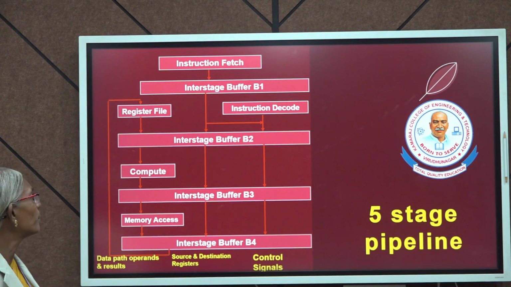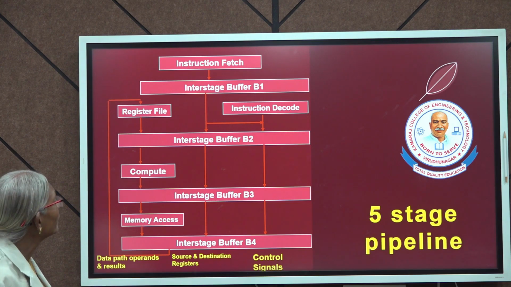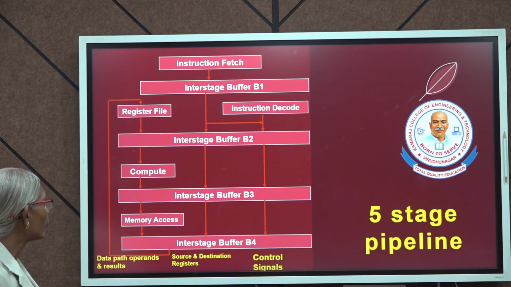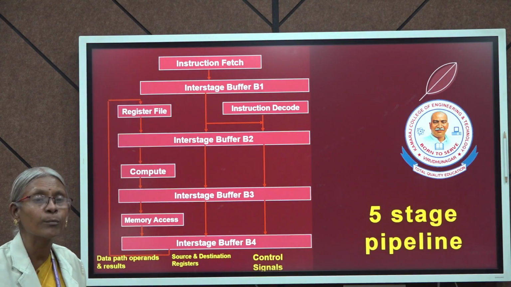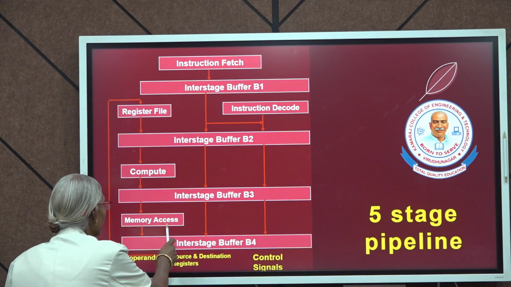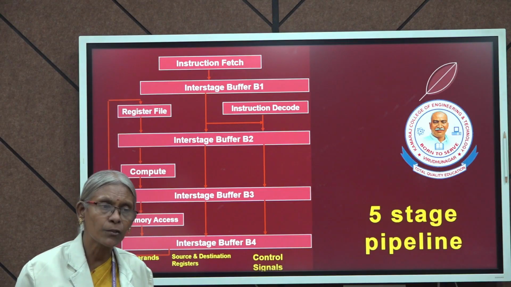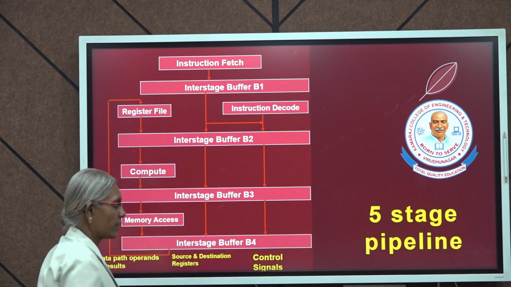Now in the pipeline, we have instruction fetch, then the interstage buffers B1, B2, B3 and B4. We have the instruction decode, and the compute stage done by the arithmetic logic unit, then the result is stored into the memory. The result is then taken from the memory and stored into the required register file.